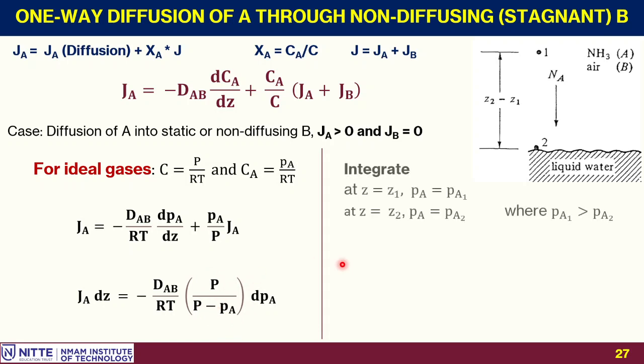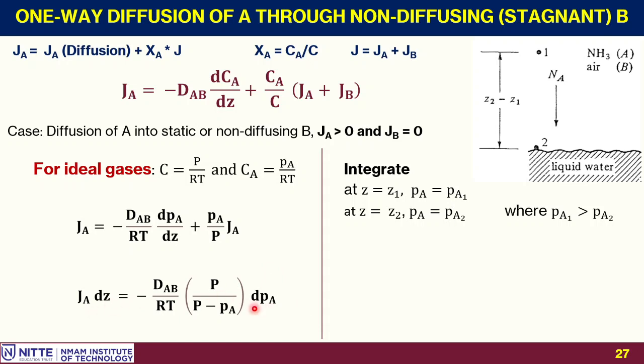So if you observe it here, we need to do the integration now. At z is equal to z1, the partial pressure of A will be equal to PA1, which is higher because the mass transfer is taking place in this direction, location 1 to 2. At location 2, the height is Z2, the partial pressure is PA2, which is lesser than PA1. So I have to integrate dPA with respect to dZ.